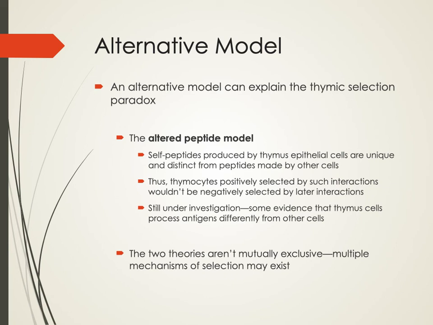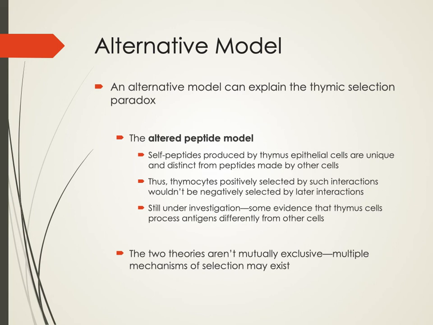There's also the alternative model, which looks more at the peptide that's involved, sometimes referred to as the altered peptide model. Keep in mind that peptides produced by the thymus are coming from the neighboring epithelial cells, are unique, and can be different from the peptides generated from other cells.